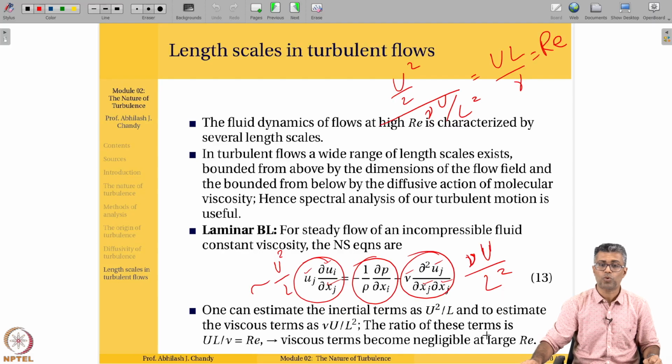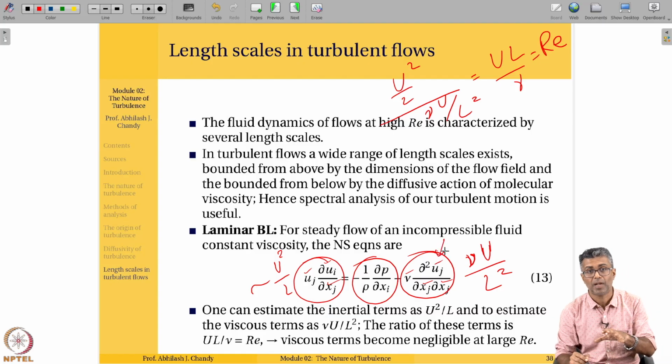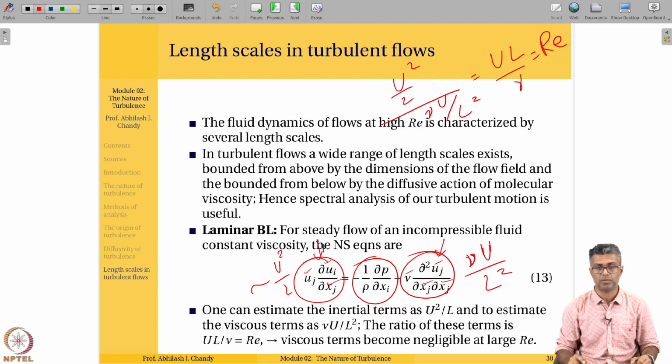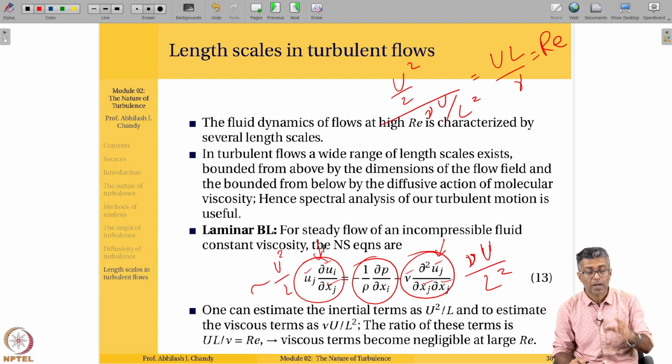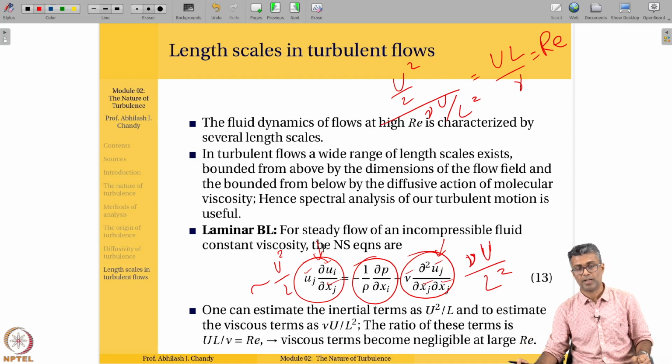So that is the problem that we are going to be facing when we consider this viscous term here to be at the same length scales as the inertia term. That is not correct. According to Tennekes and Lumley, it is better to consider these at different length scales so that we can understand that viscous effects do dominate, except they dominate at the smaller length scales.